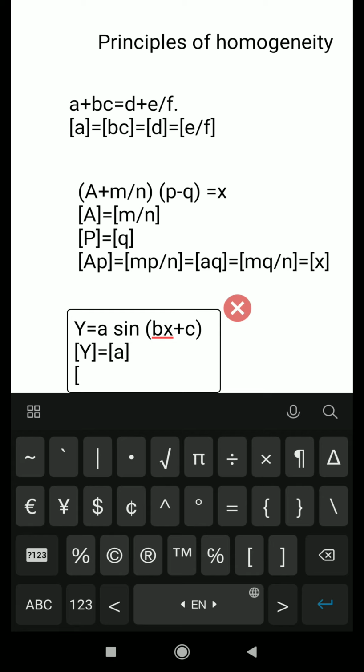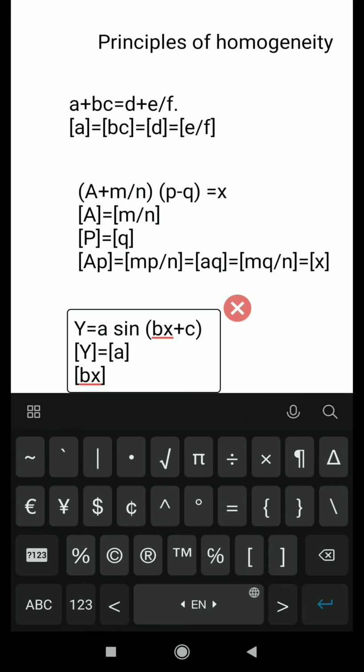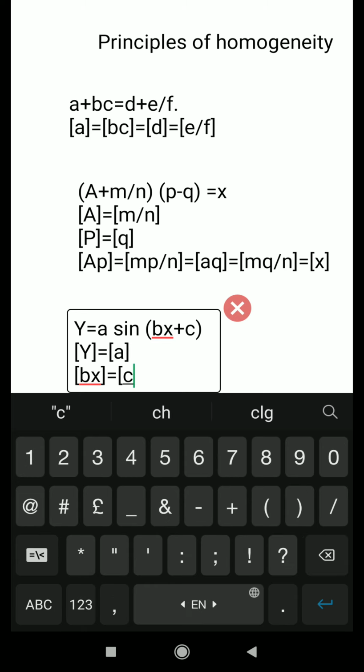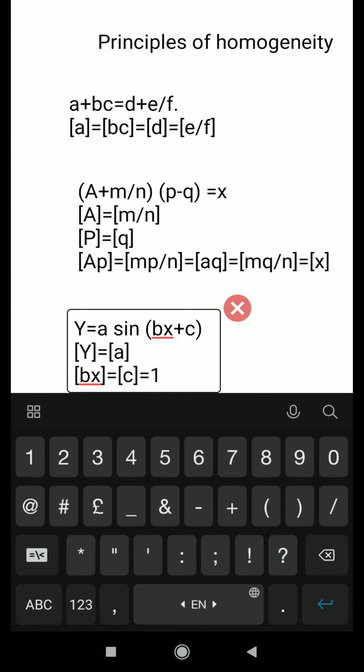So what is the meaning of dimensionless? This means the dimension of bx equals dimension of c equals 1. Dimensionless means their dimensions are 1, because you know M to the power 0, L to the power 0, T to the power 0, the powers of all of these are 0, so the dimension is 1. Clear?